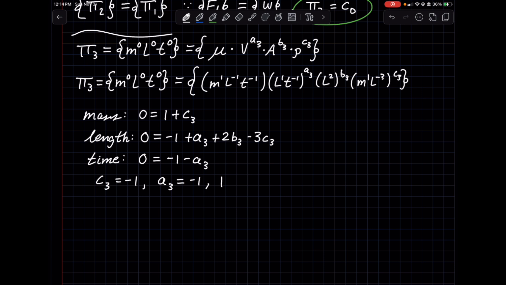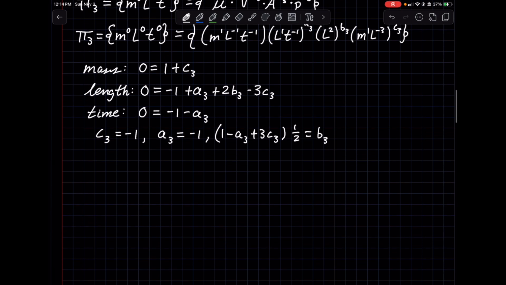So this would be 1 minus A3, so we put this in parentheses already, 1 minus A3 plus 3C3 to the 1/2 power, just multiply by 1/2. Again, a little bit tired, a little bit out of it, my apologies, but hopefully all this is making sense. So we have all of this is equal to B3.